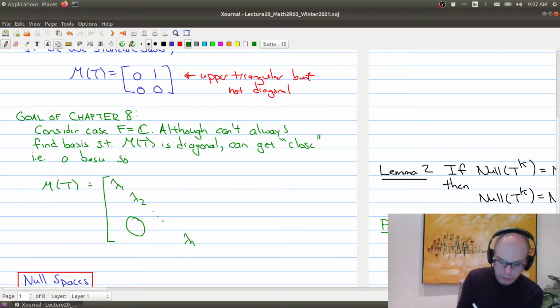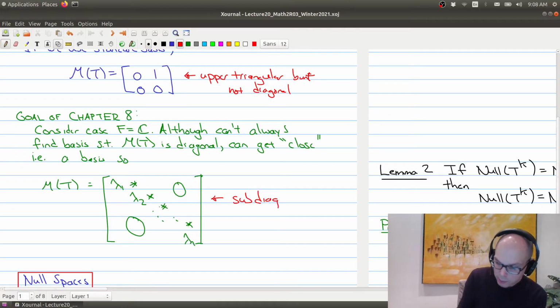You'll have zeros over here, and on the diagonal just above, we will allow some numbers to be non-zero. Then everything over here is also 0. So we're allowing the diagonal to be non-zero and then the entries just above the diagonal.